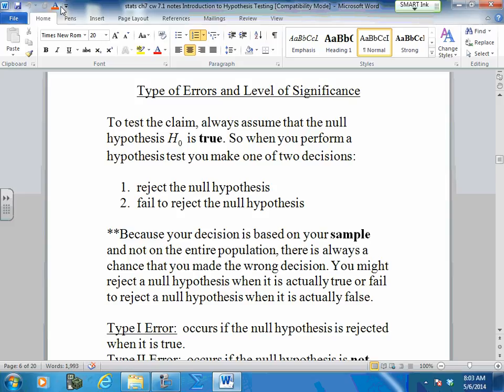He goes to jail. If you say not guilty and he's guilty, you made an error and he's on the street. So one of those errors is worse than the other. It's a type 1 and a type 2 error. So you have to decide which error is worse.